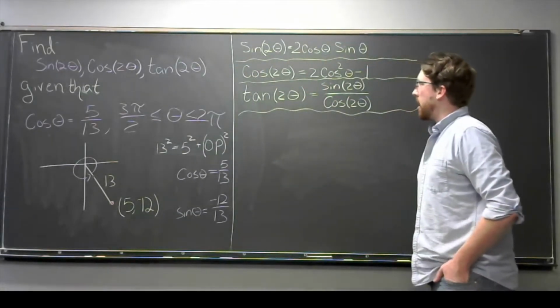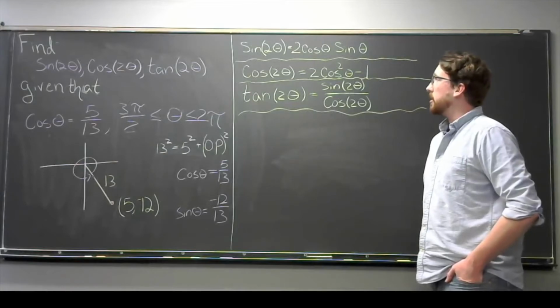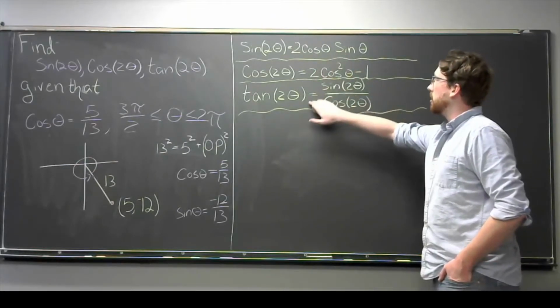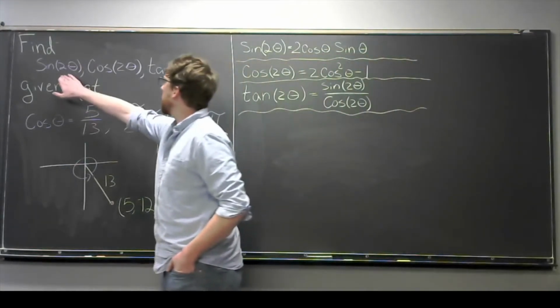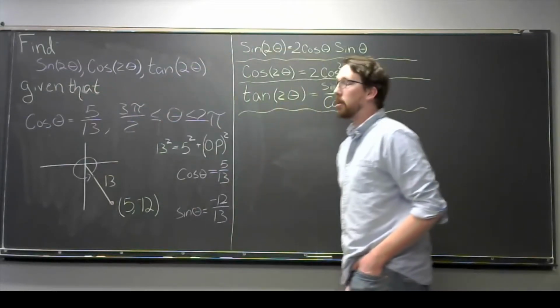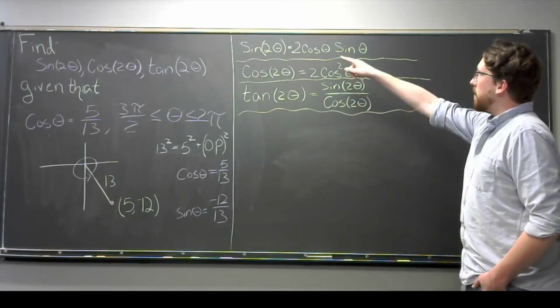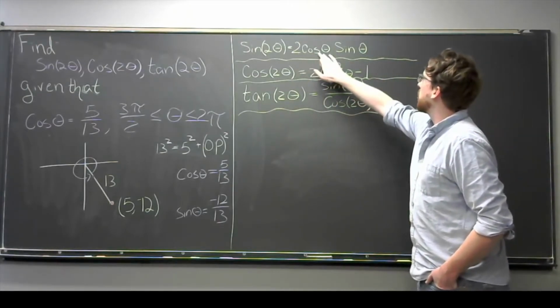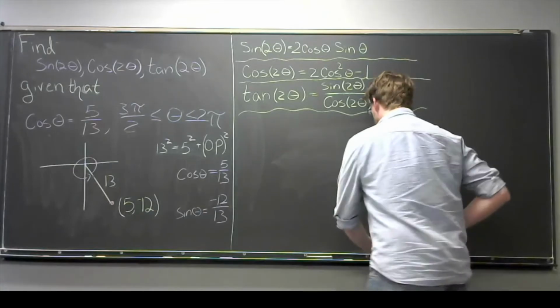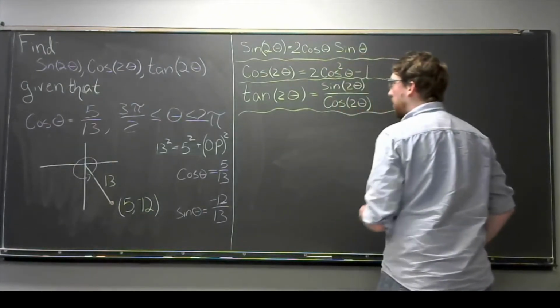Okay, now what we want to do next is apply our double angle formulas to calculate each one of these values. Well, sine of 2 theta is going to be 2 times cosine theta sine theta. Let's calculate that really quick.